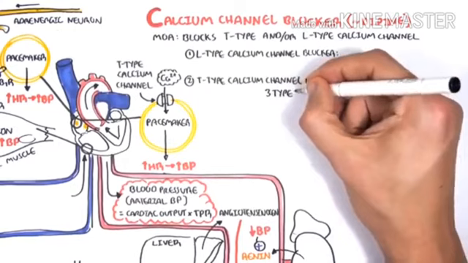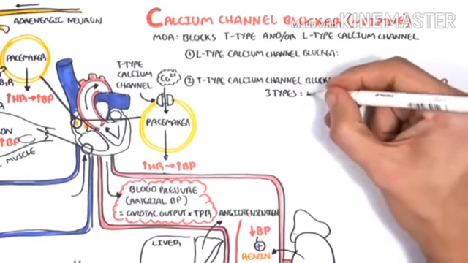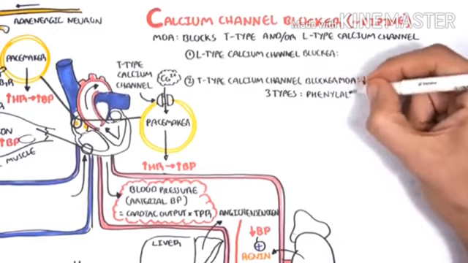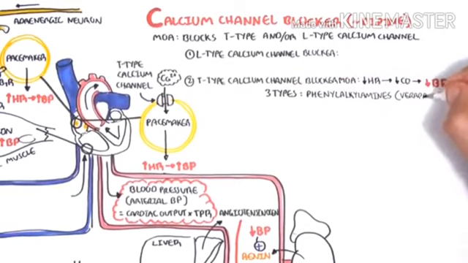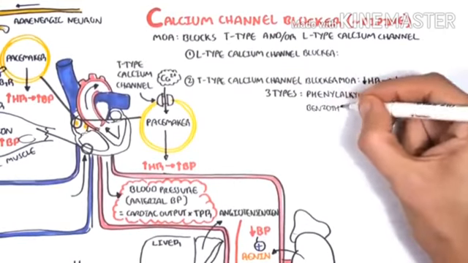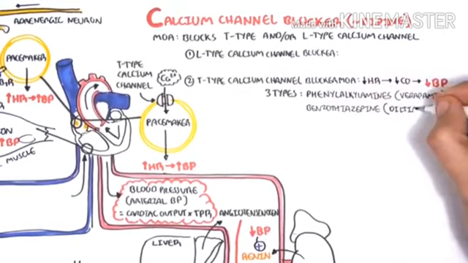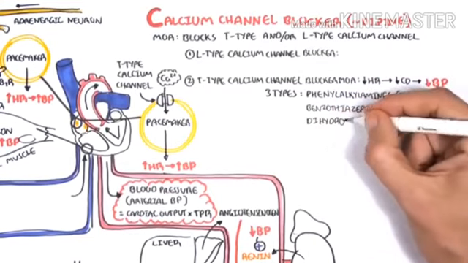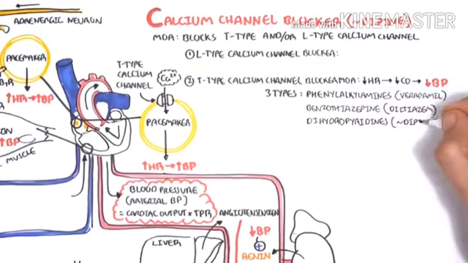If we talk about the calcium channel blockers, there are three types as far as the chemical nature is concerned. Phenylalkylamines, verapamil is the example; benzothiazepines, diltiazem is the example; and dihydropyridines, amlodipine and nifedipine are the two examples.